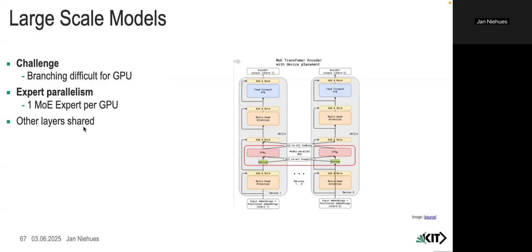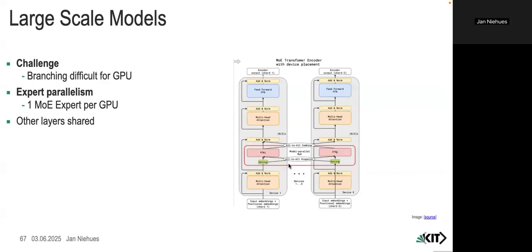Okay, before we go to some examples, maybe the last thing is how you can typically do that in GPU. There we said this type of branching is difficult. So what is often done is that you run your training on several GPUs, and all the other layers are shared, and only the expert layers are distributed across the GPUs.